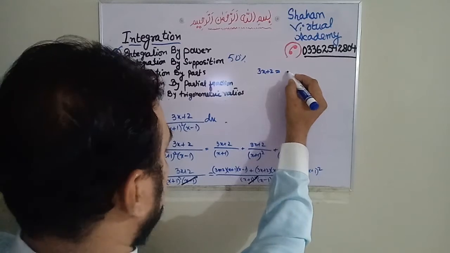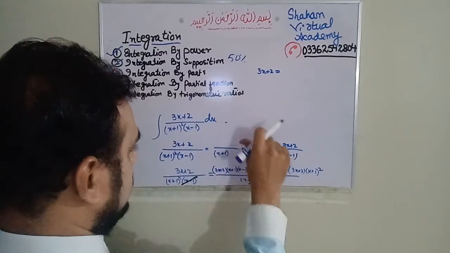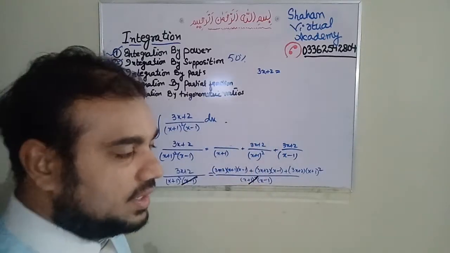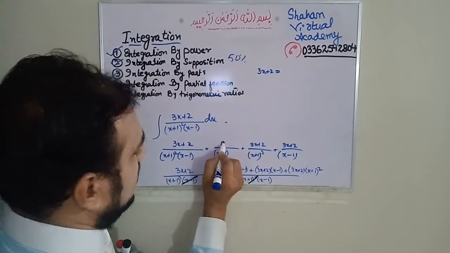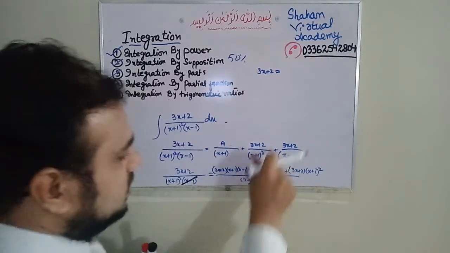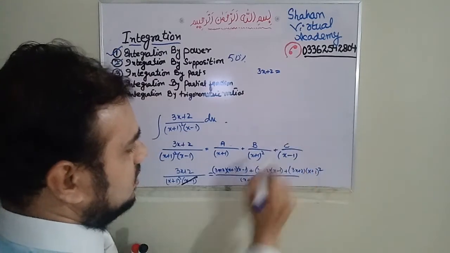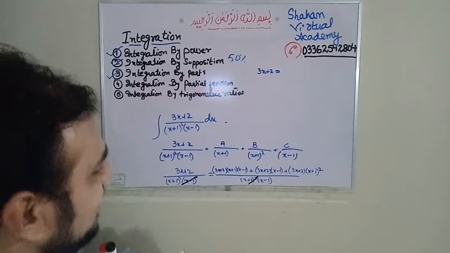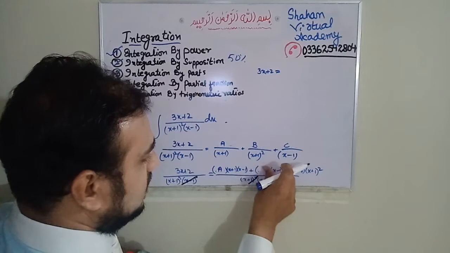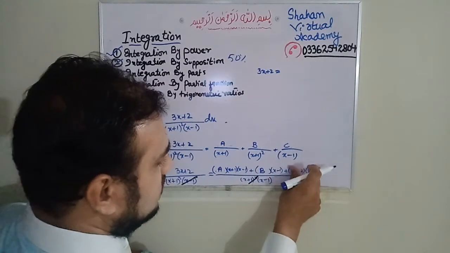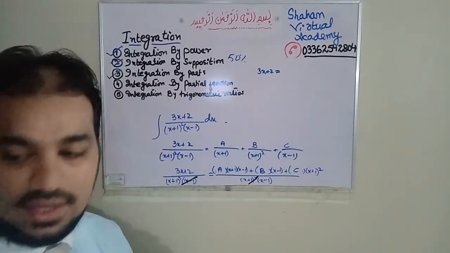In order to integrate partially, we consider this value with a, this value with b, and this value with c. So we can write this against a, this against b, and this against c. It makes it helpful and easy.